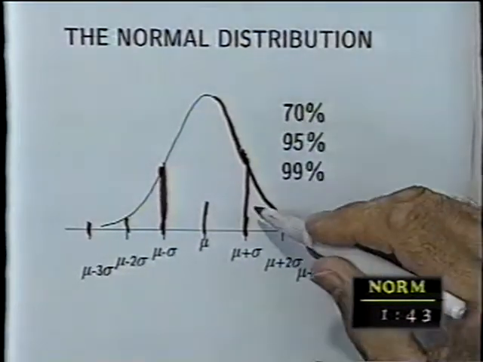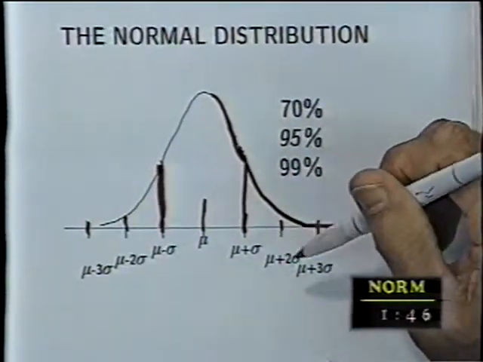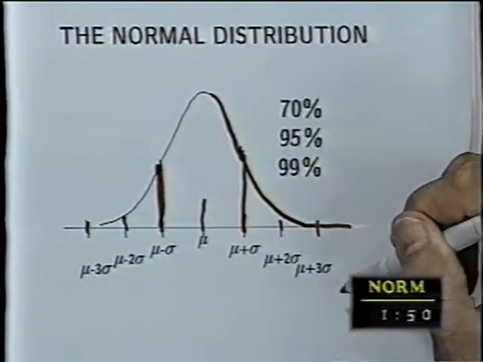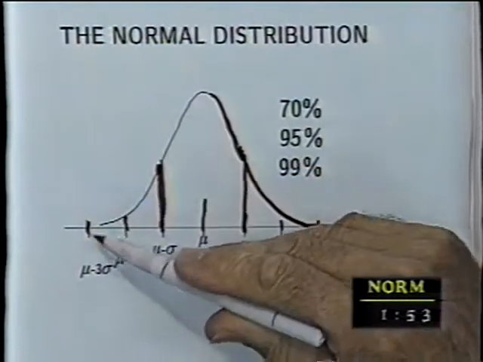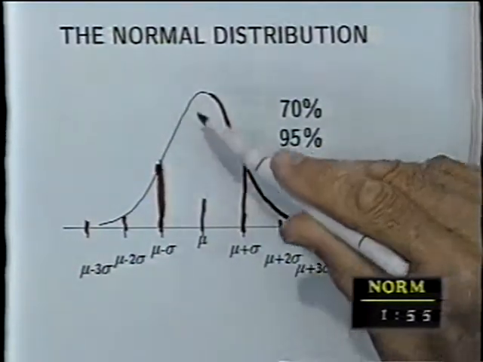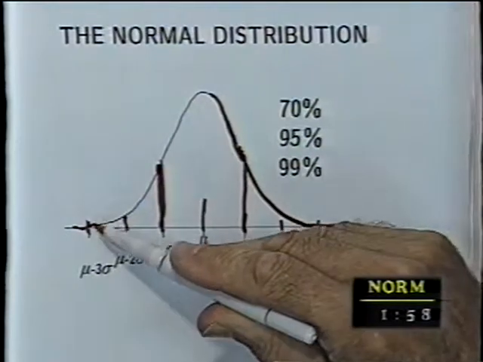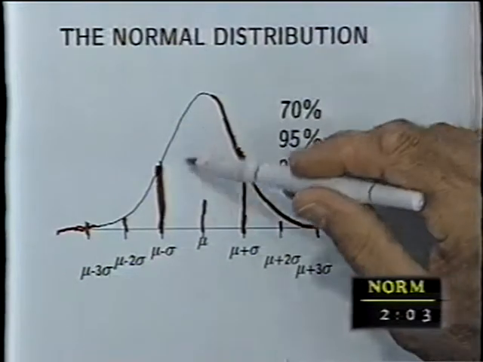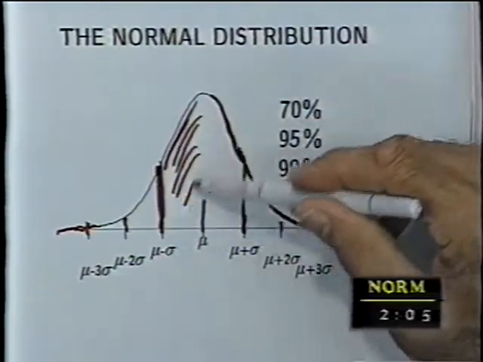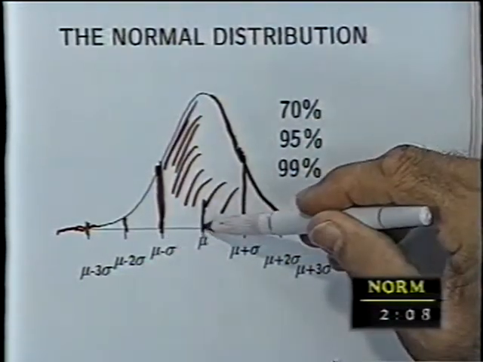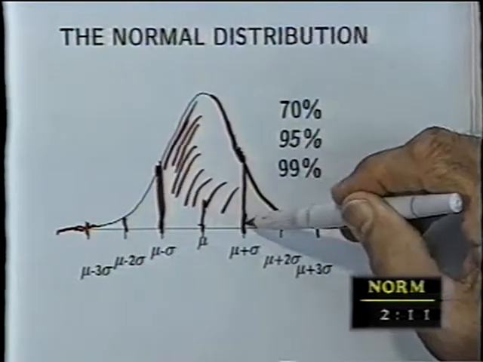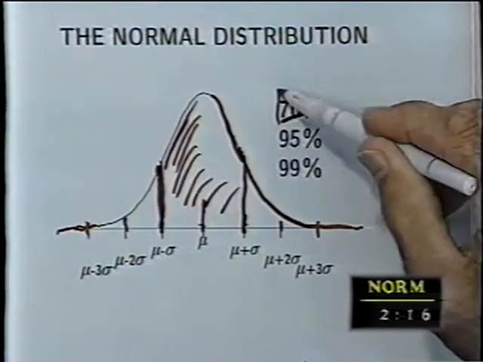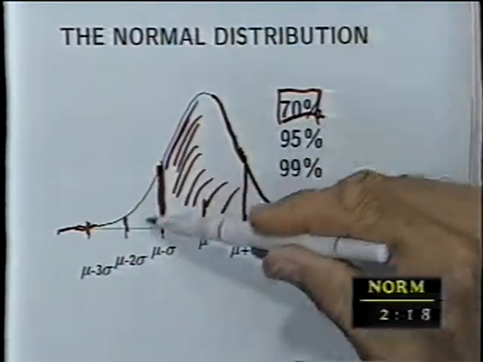Because if we look at the distribution, we can just about tell what it looks like by knowing where these marks are. If we take the whole area under the curve, and the curve goes out like that and eventually hits bottom, or gets so close to it you can't distinguish it from bottom, the area in the central portion, that is the mean minus 1 standard deviation to the mean plus 1 standard deviation, contains 70% of the area of the entire curve.